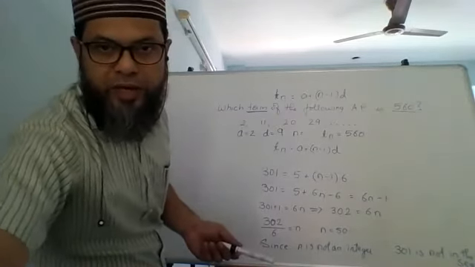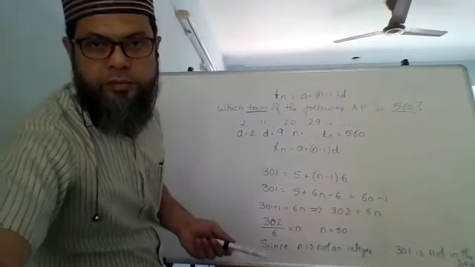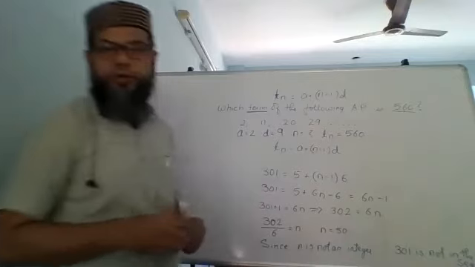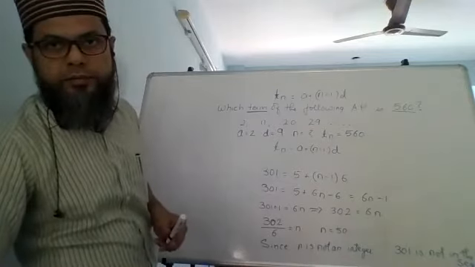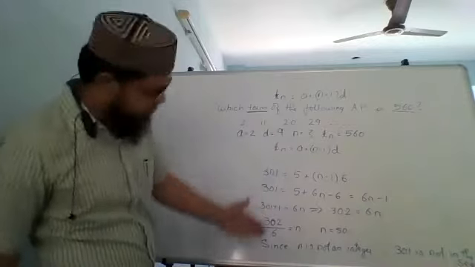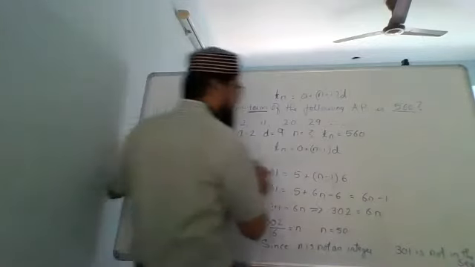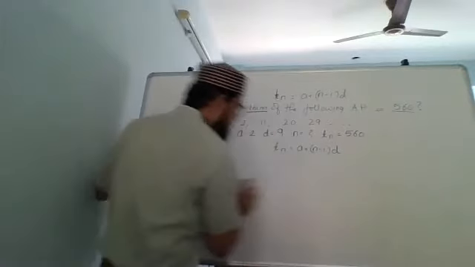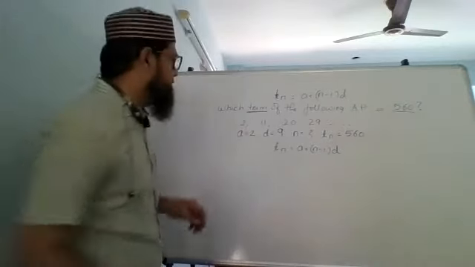So how do we find that out? N equals to, that is what it is going to be. Okay, you have to find out N. All we need to do is follow the steps. Tn is given, N has to be found out. So what is Tn?